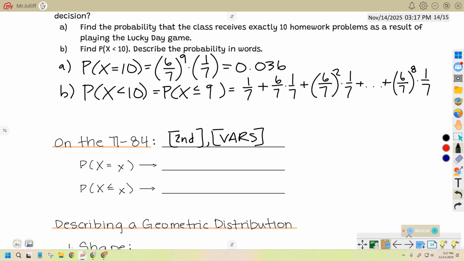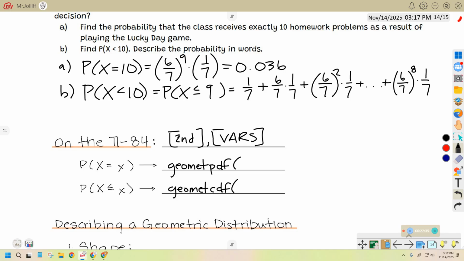If you go all the way down to the bottom, the last two options are geometPDF and geometCDF. PDF finds a single trial. CDF finds a cumulative across a range of trials, less than or equal to.